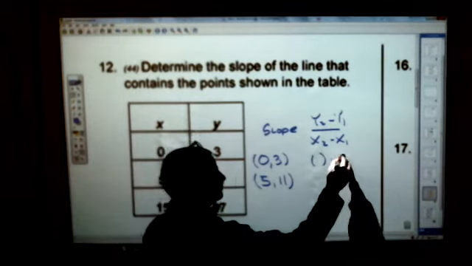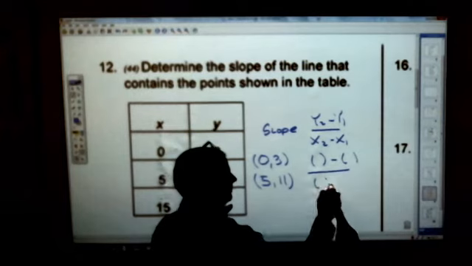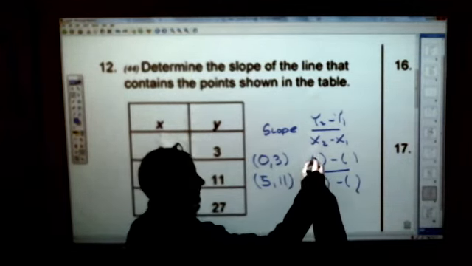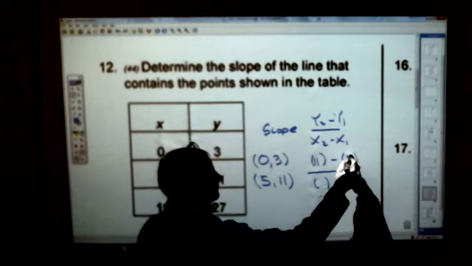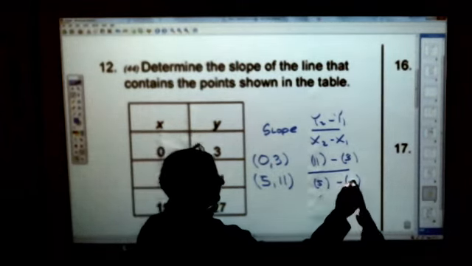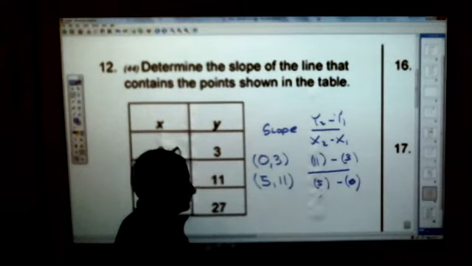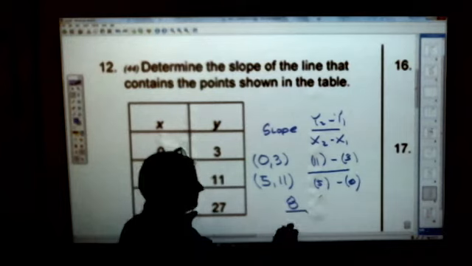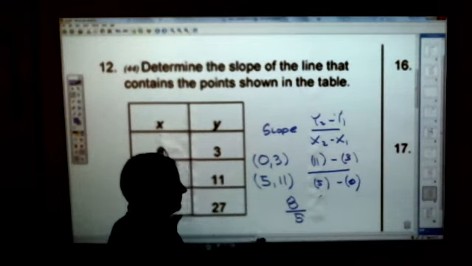Please, please, please use parentheses. Y sub 2 is 11 minus 3 over 5 minus 0, which equals 8 over 5. That's my slope.